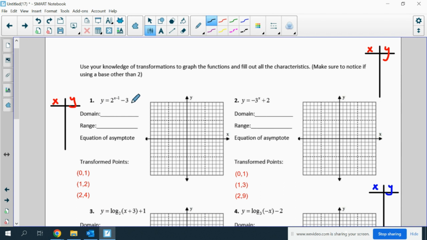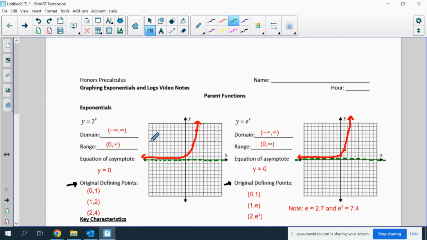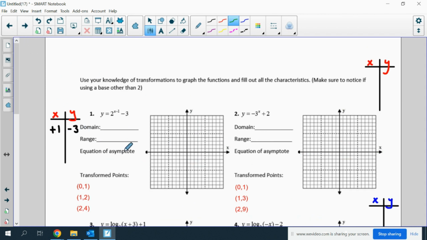Y equals 2 to the x minus 1 plus 3. So what we may notice is that in this function, we have a right shift of 1 and a downshift of 3. So what that's going to do is it's going to take our 2 to the x graph. It's going to move it right 1 and down 3.